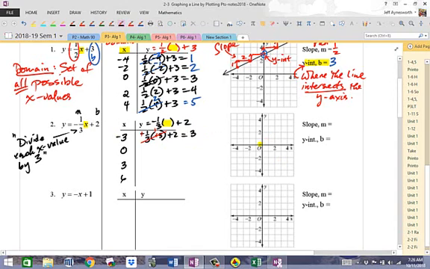So left 3 and then up 3. There's your point on the graph. Okay, and then next one, -1/3 times 0 plus 2. Well, anything times 0 is 0. Boom, it's gone. And you just get 2. Why? Because 0 plus 2 is 2. Okay. And then -1/3 times 3 plus 2.